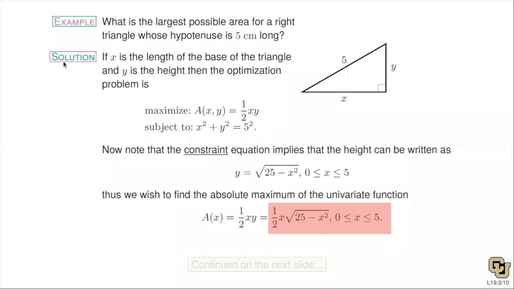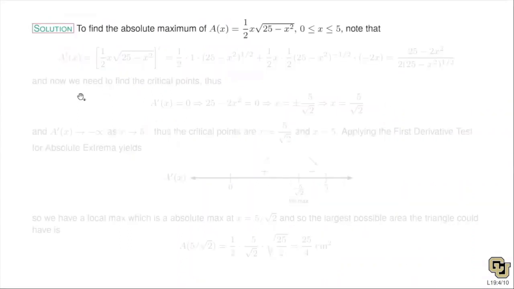So now I'm going to solve this problem using one of those techniques. So I'll actually use this first derivative test for absolute extrema that's been introduced. But here you could absolutely use the closed interval method. And traditionally that's what we would use here, given the setup, because we're given a closed interval. But let's try the first derivative test for absolute extrema, just to get used to it.